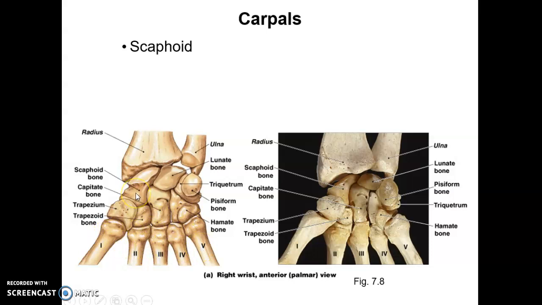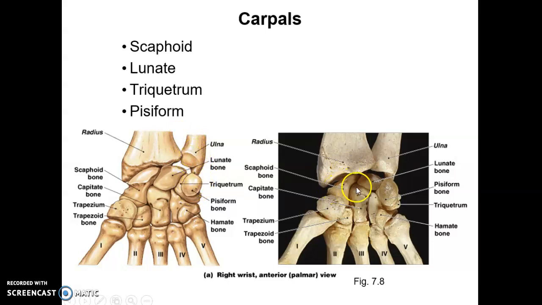Okay, so the scaphoid is that first carpal that's most proximal and lateral, articulating with the radius. Then there's the lunate, which is next, also articulating with the radius and a little bit of the ulna. Then the triquetrum is this one here that's just underneath the pisiform, and the triquetrum articulating with the ulna. And then the pisiform here, small one, articulates with the ulna as well.